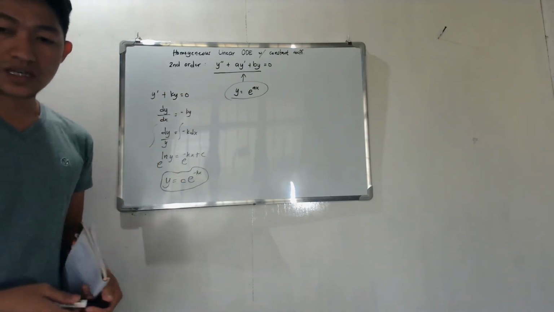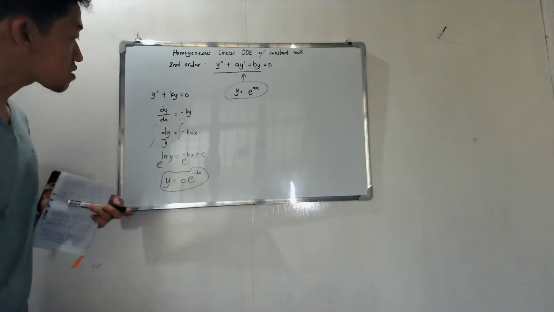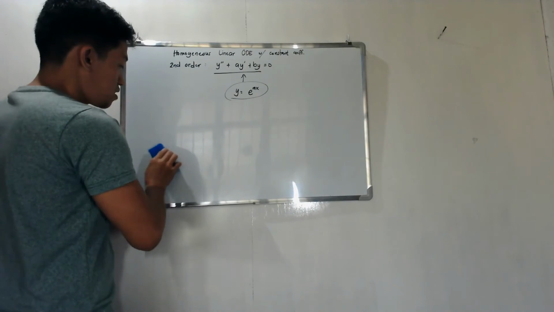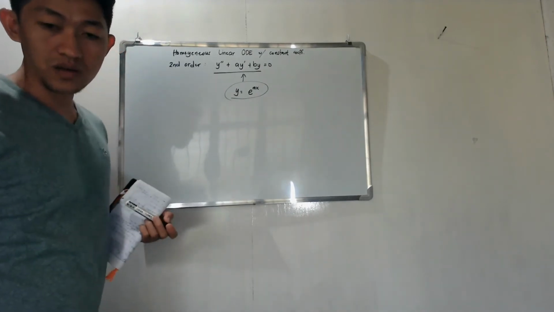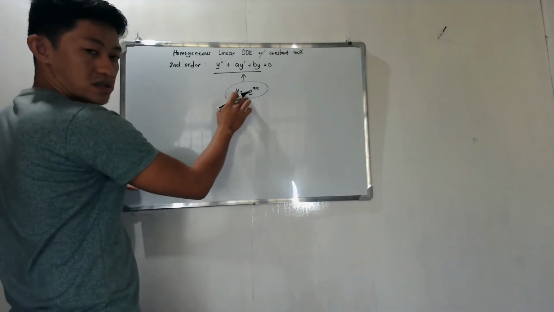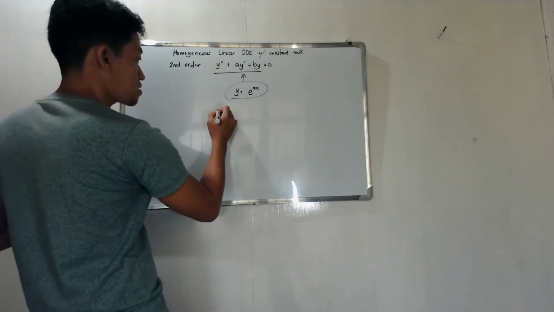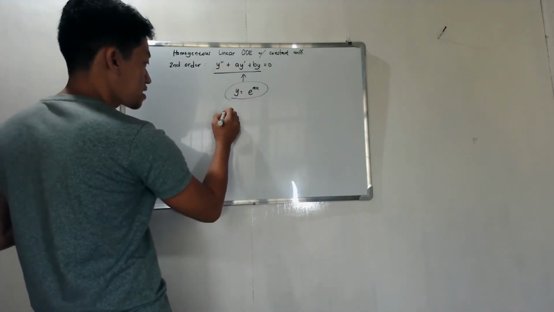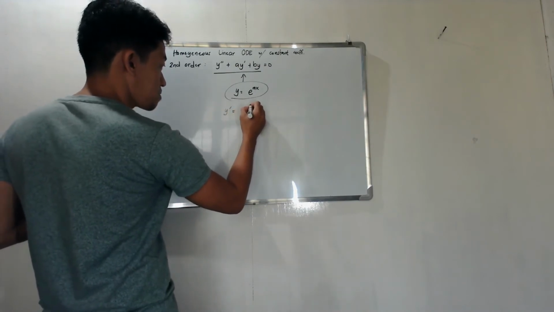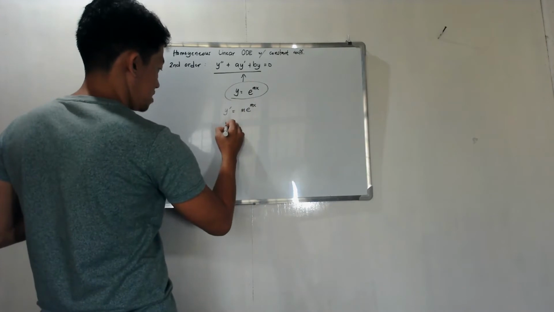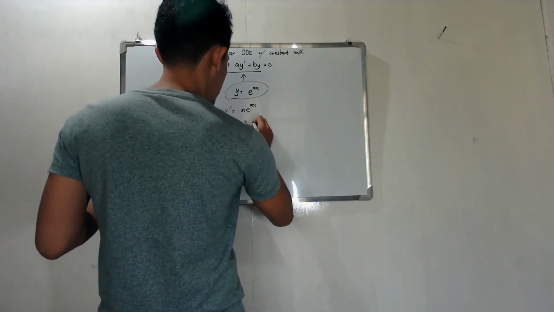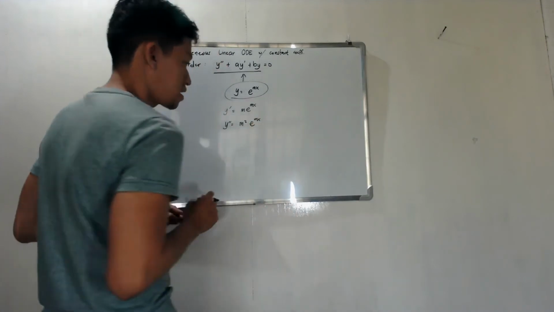Okay, how do we check that this is really a solution? We can check by using theorem number 1. If we substitute this function into this one, first we get the first derivative, which is m e to the mx, and the second derivative m squared e to the mx.